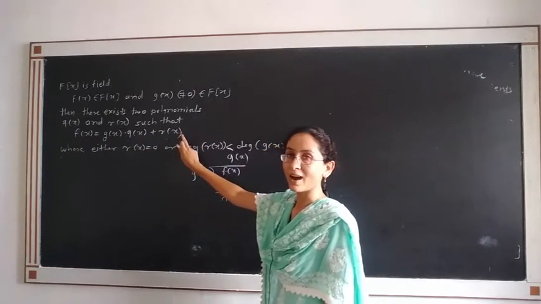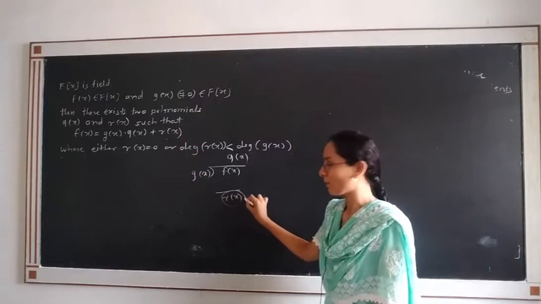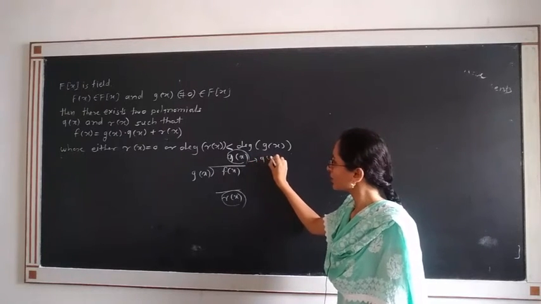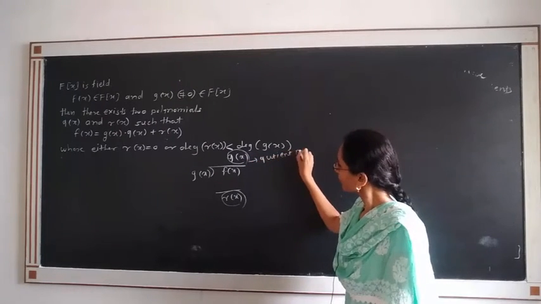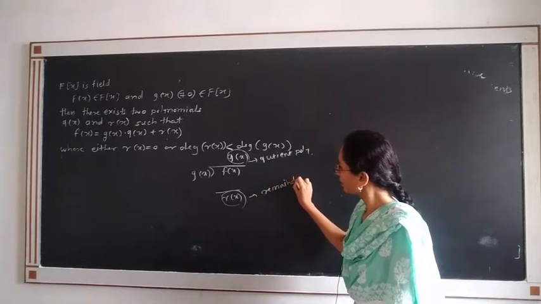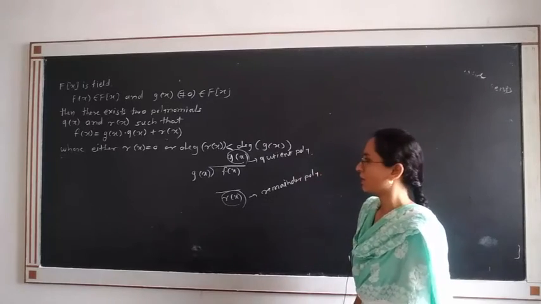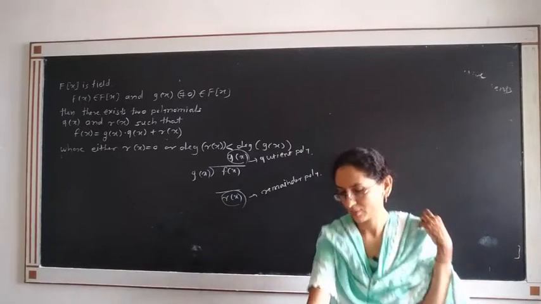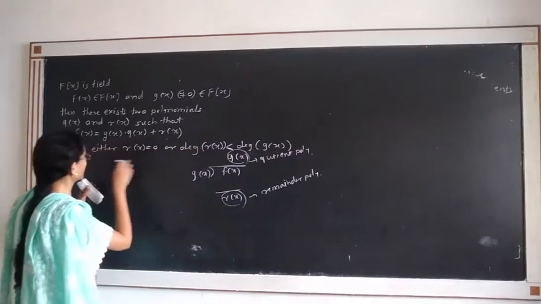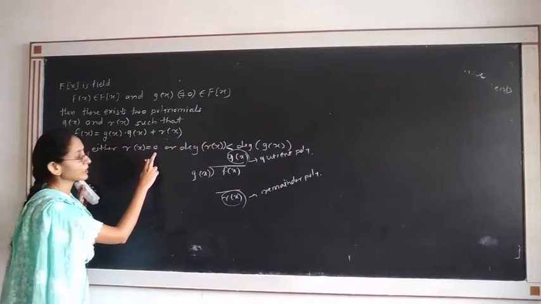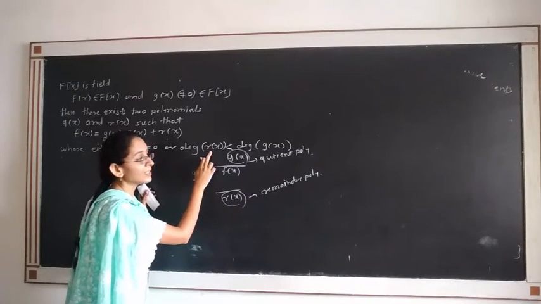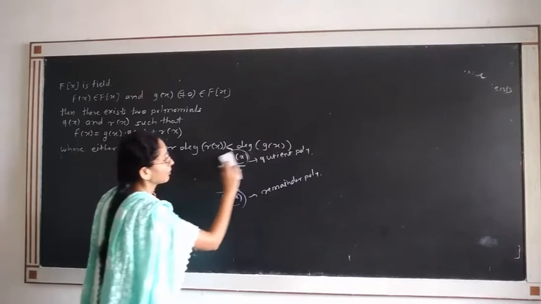What is this r(x)? r(x) is called the remainder polynomial. q(x) is called the quotient polynomial. Remember that either r(x) is equal to 0, or the degree of the remainder polynomial is strictly less than the degree of the divisor polynomial.